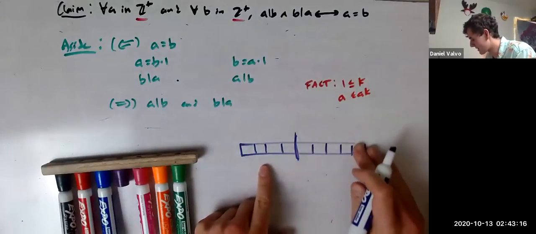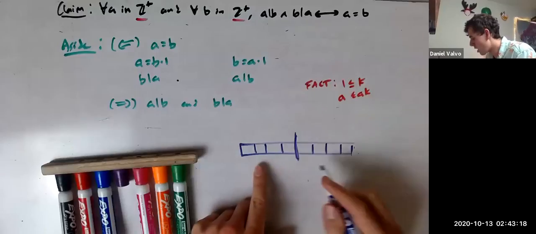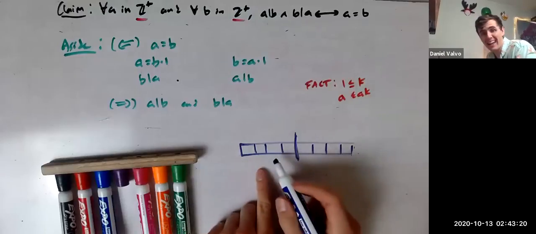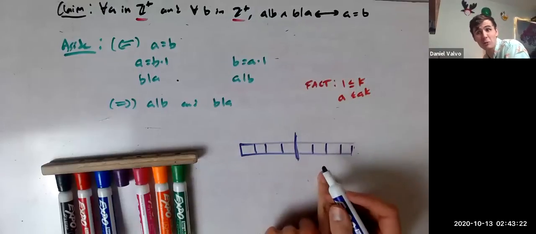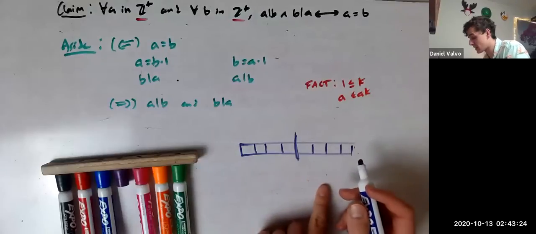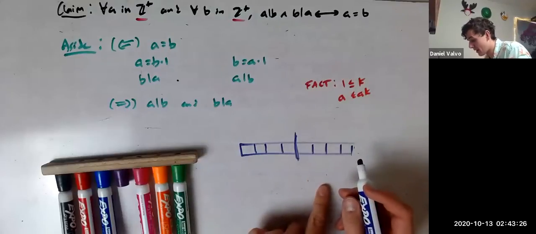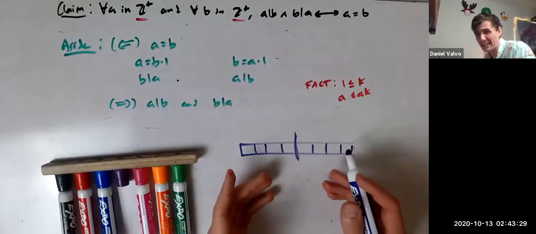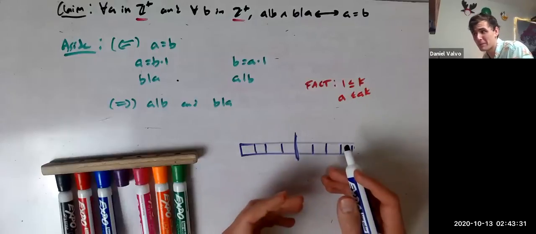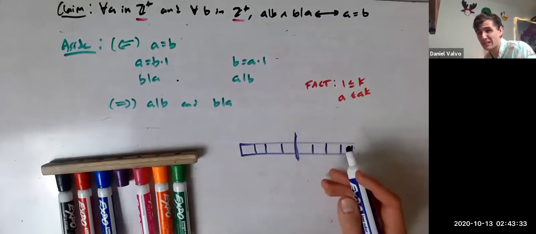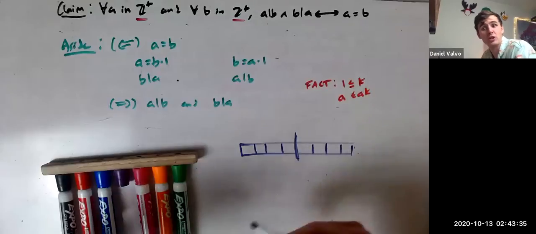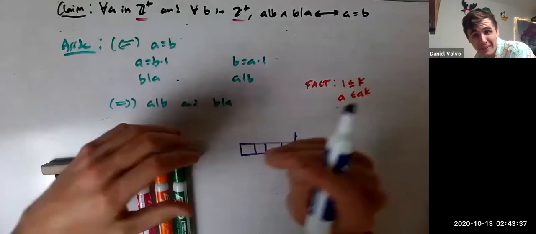Oh, I miscounted. There you go. The whole thing's 8. You can divide 8 into 2 groups of 4, integer groups of 4, right? That's totally fine. But can you divide 8 into any integer groups of size less than or more than 8? Like, could you divide 8 into groups of 9?